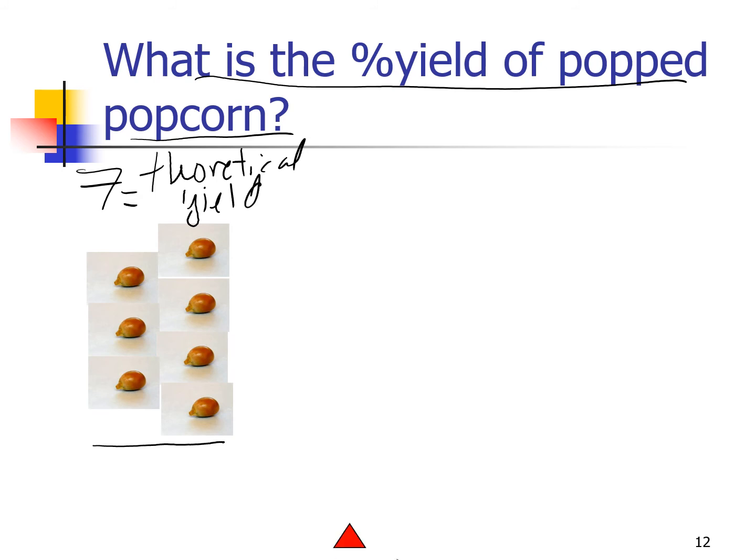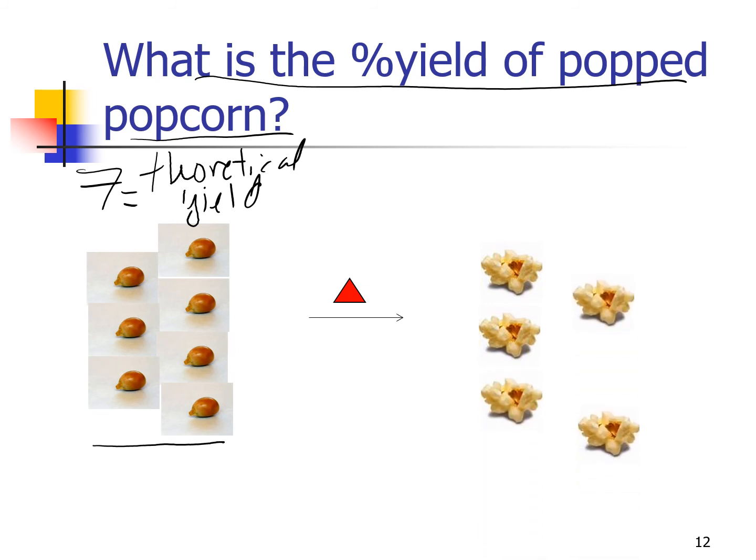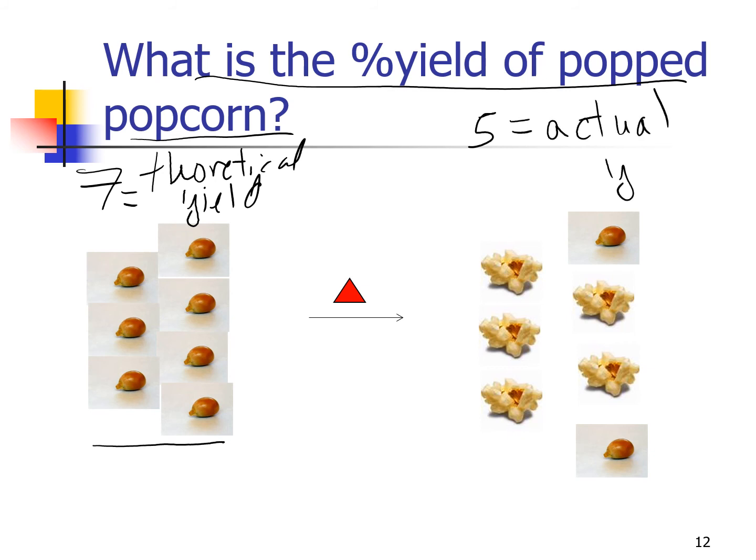Let's see when I apply heat how much popcorn I can make. Okay, so it looks like 5 of my popcorns popped and then 2 of them didn't pop. This is usually what happens to me at home. I can never get all of those kernels to pop. So my 5 that popped would be my actual yield, what I actually produced, because 2 of them didn't pop.